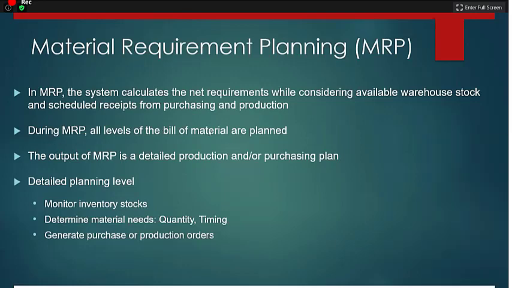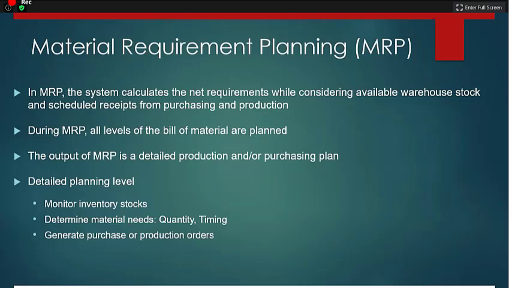MRP will read the bill of material. How does it know what I will produce, what I will purchase? It must read the bill of material. For example, a purchase request comes for 100 computers. The first thing he will look at is the stock, and then he sees, for example, he did not find 100 computers, he found 50.